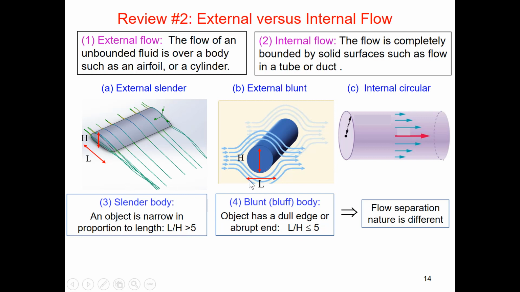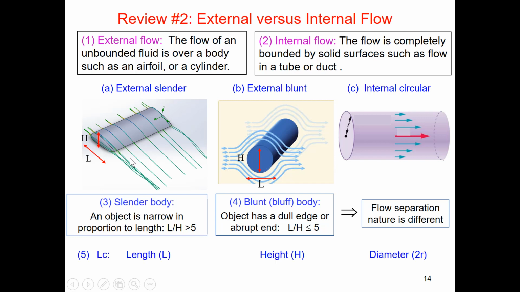Otherwise, if the ratio of length to height is less than 5, it is defined as a blunt body. The difference in these two is that their flow separation nature is completely different.